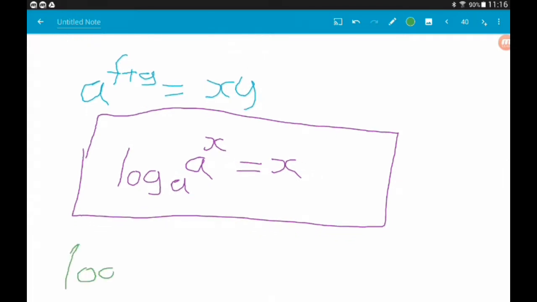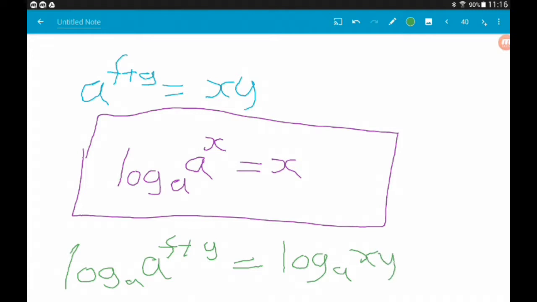So log base a of a to the power f plus g is equal to log base a of x times y.